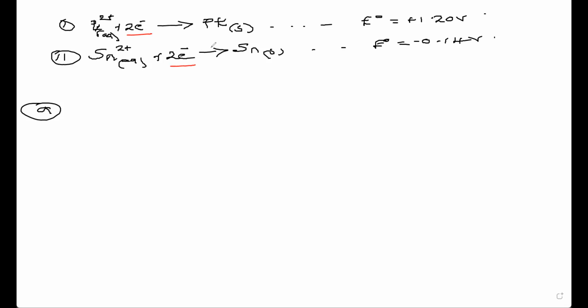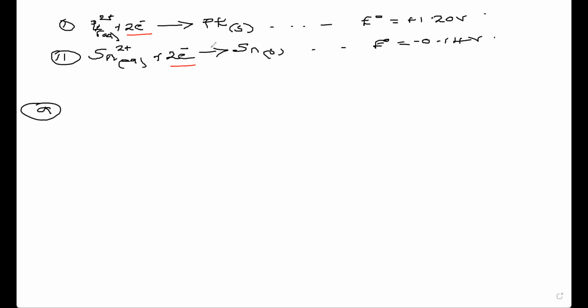As we can see here, these electrons are added on the reactant side, indicating that these two reactions are both reduction reactions. In a case where you have such a tie, you need to reverse one reaction, so that if it was a reduction reaction, it becomes an oxidation reaction, and vice versa. Now the question is, which reaction are we supposed to reverse?